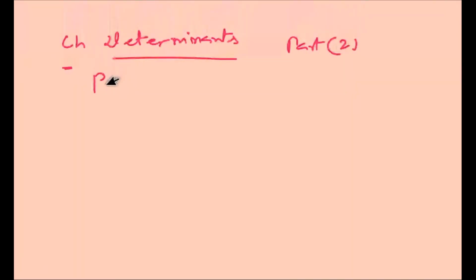What is the determinant, what is the evaluation of determinants up to order 3, and minors and cofactors, you have already learned in Part 1 of determinant in the starting. Now I will tell you the properties of determinant.